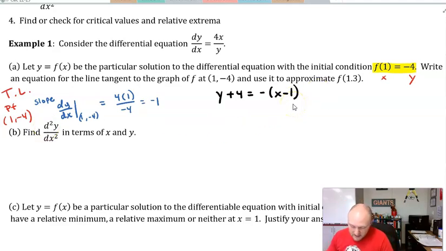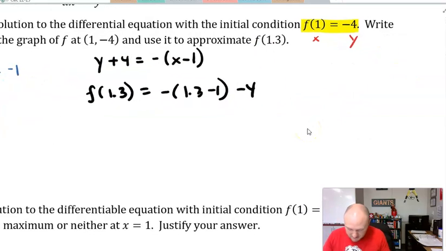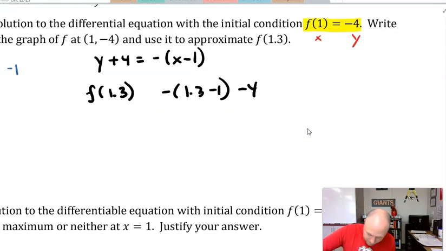And now we'll approximate f of 1.3 by plugging this in. So -1.3 minus 1. And then I'm going to subtract 4. I just moved that 4 over, subtracted it on both sides. So this is approximately, because that's what we're doing, we're approximating.